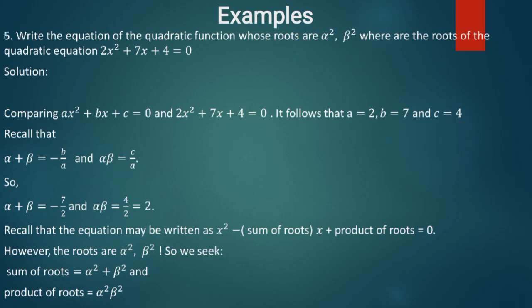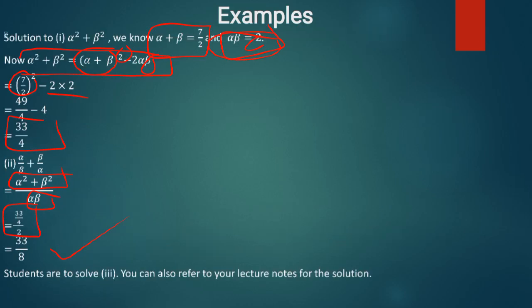But because you're looking for new roots in the form alpha squared beta squared, you need to remember the standard way of writing it as an equation: x squared minus the sum of the roots times x plus the product of the roots equals 0. So you will now find the sum of the roots in terms of alpha squared beta squared. It could be alpha cubed beta cubed, so you just get alpha cubed plus beta cubed, and then the product. Then you solve for each one like we had done.